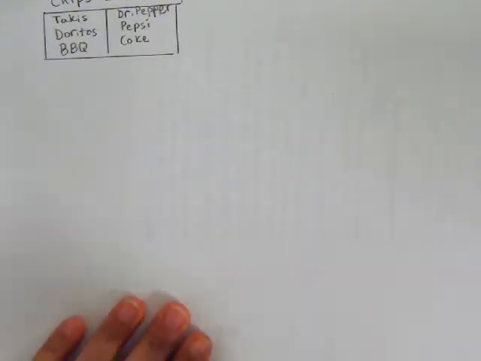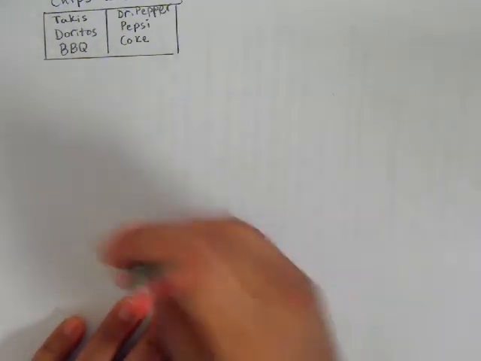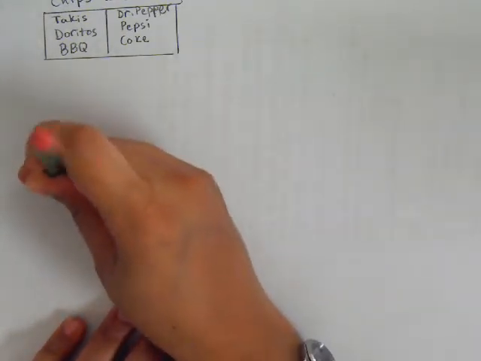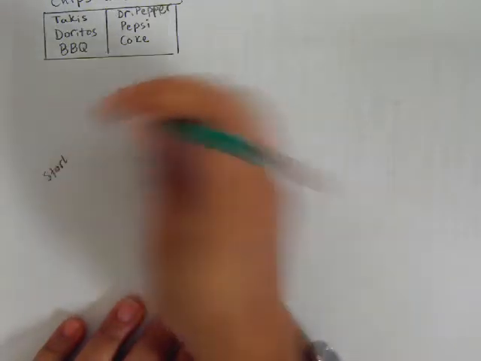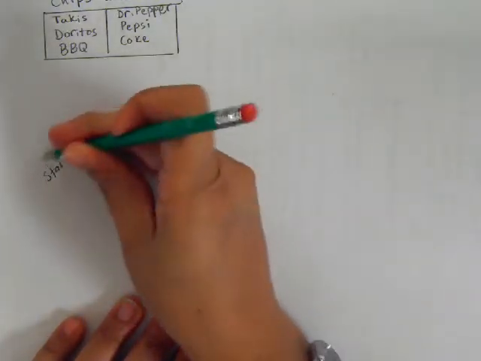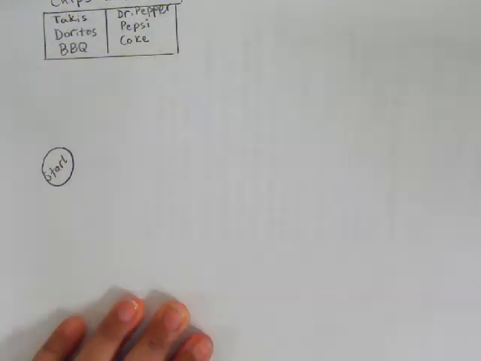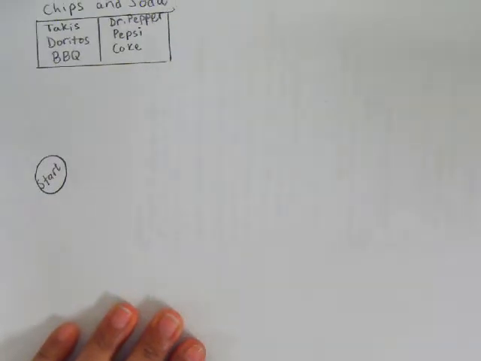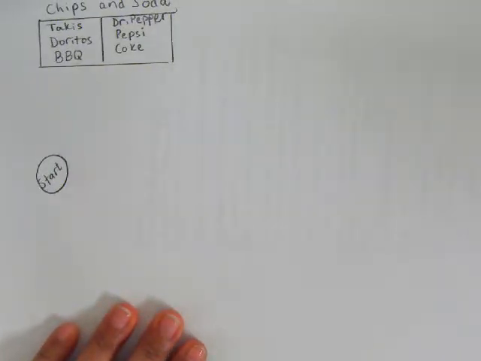All right. So to start our tree diagram, let's make our start. Okay. So far so good. Circle it. Okay. And now we need to recognize, of our first event, how many different options do we have available? How many choices?